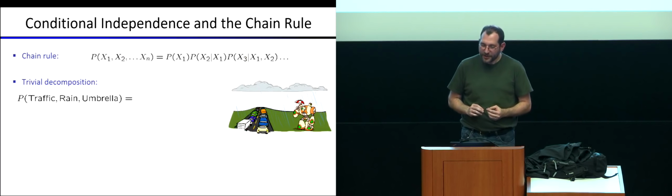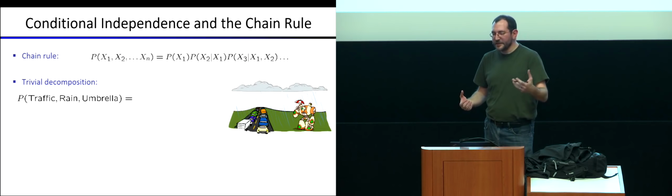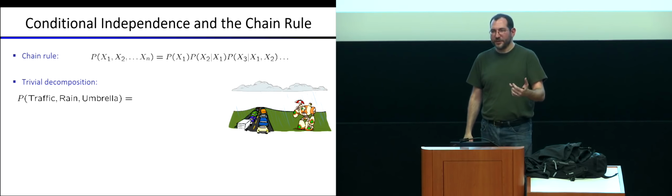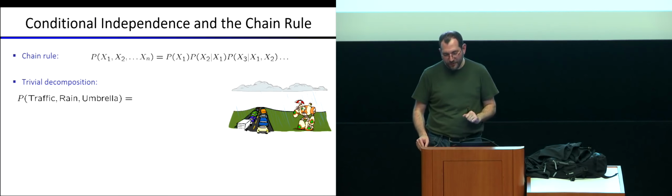Let's think about how conditional independence, which so far has been a relatively intuitive concept, is going to anchor into expressions we can write about joint probability distributions and ways we can write them using the chain rule.